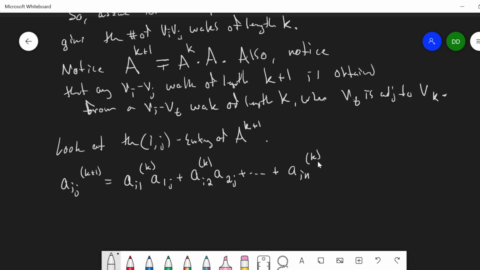So in other words, this is the sum from t equals 1 to n of (A^K)_it times A_tj. Right, row i times column j. Add them all up, and that gives us the ij entry of A to the K plus 1.